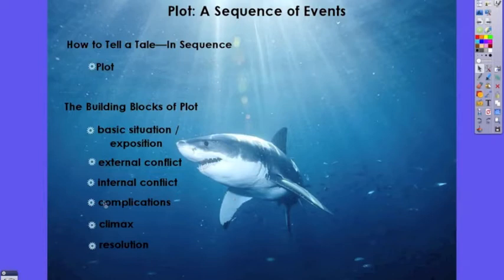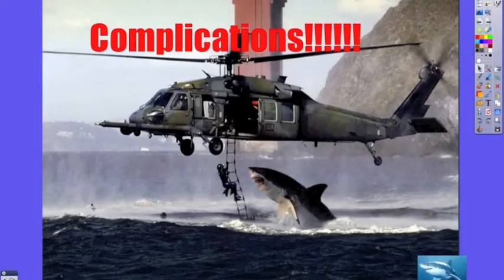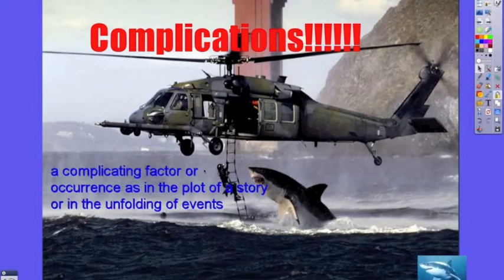Okay, let's look at complications. Here we have the guy, oh, I'm being saved. Whoops, here comes the giant shark. He's having a bad day. Complications are a complicating factor or occurrence, as in the plot of a story, or in the unfolding of events.